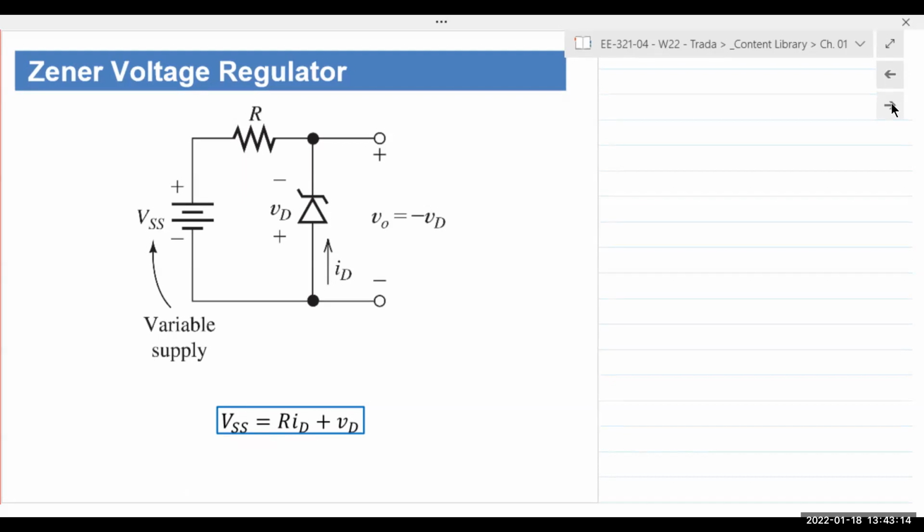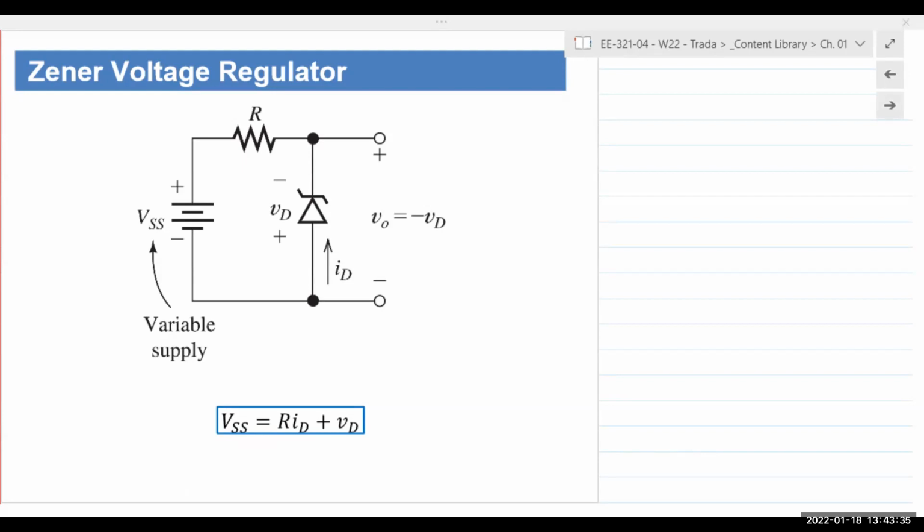Remember, we are exclusively operating in the third quadrant because both the voltage as well as the current is in the reverse region, so negative voltage and negative current. Whenever we use the Zener diode, it's always going to be reverse bias. That's what you see in the circuit.